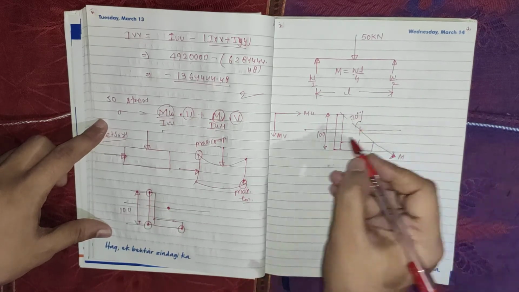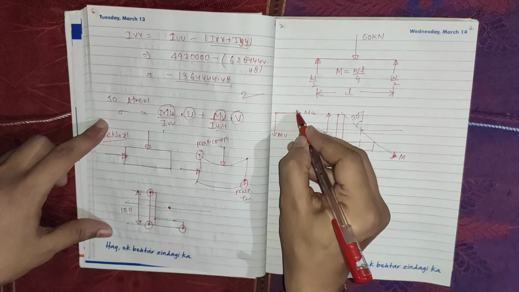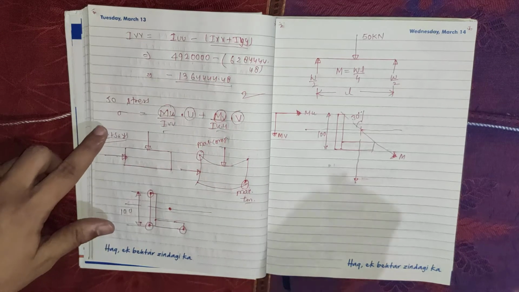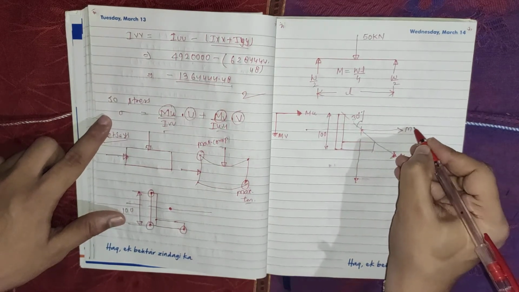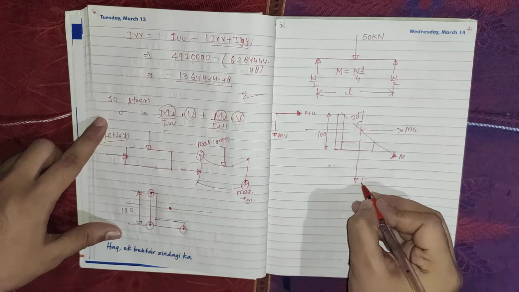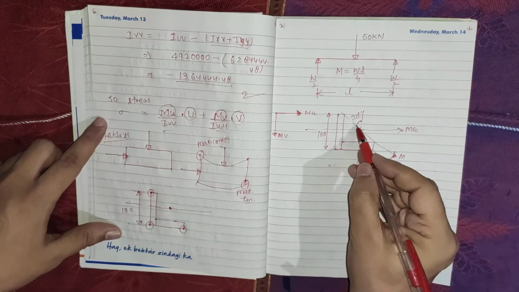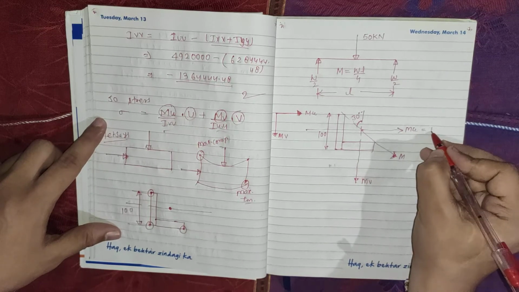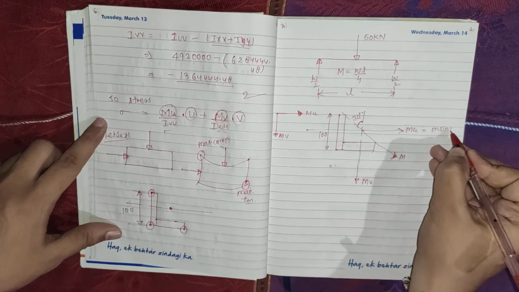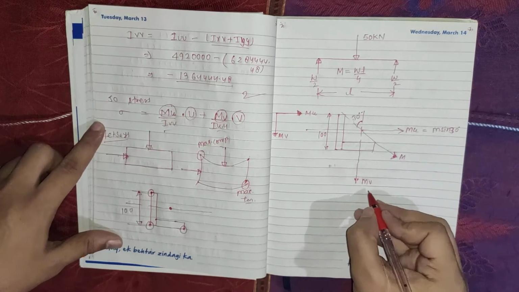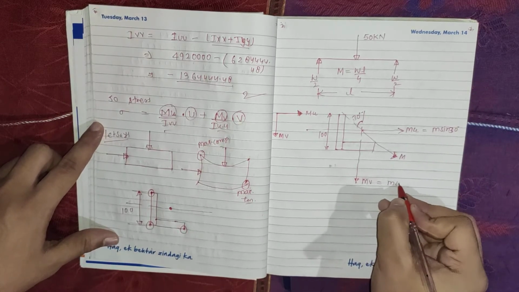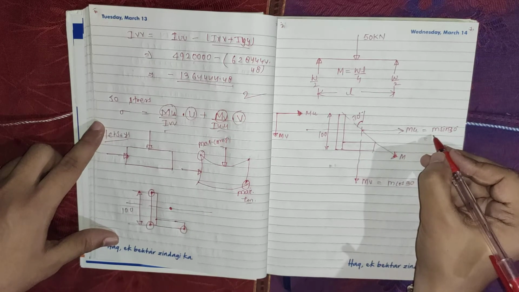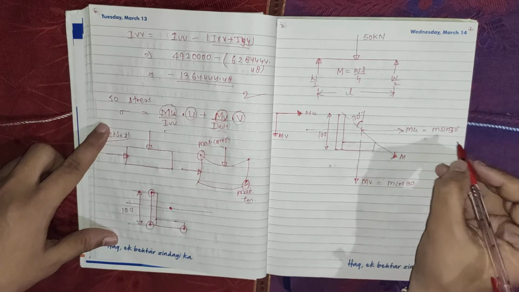So this is the horizontal component Mu and this is the vertical component Mv. Okay, by the component of theta, Mu becomes M sin theta, where theta means 30 degree, and Mv is equal to M cos 30 degree. Then you will get here the value of M. What is the value of M?